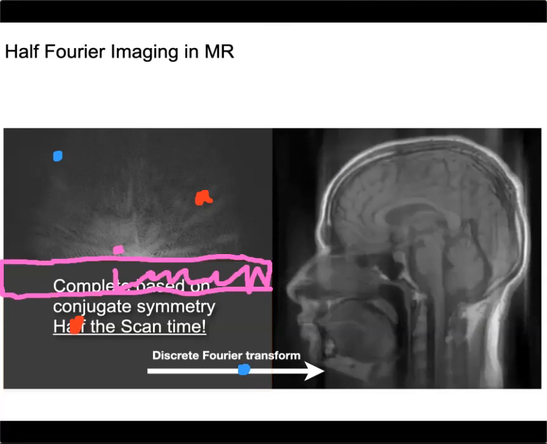And then use the low frequency to estimate some phase, and then through that you could complete the other part. So that option is still there. And this is called half Fourier imaging, and it's a very common way to speed up MRI. Okay, collect half of the Fourier domain.